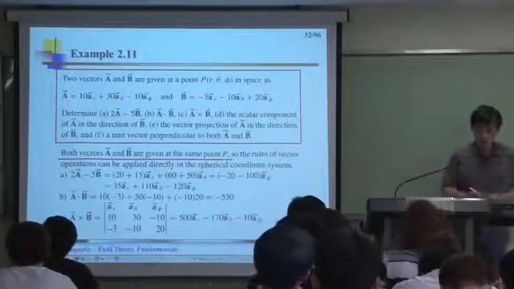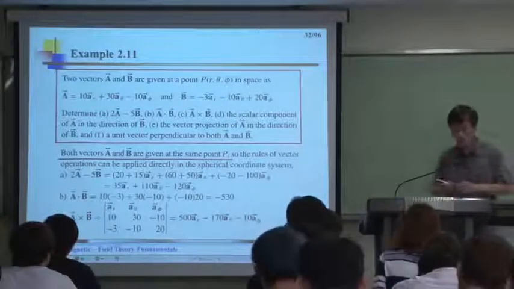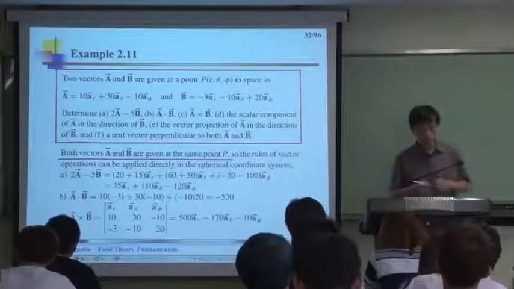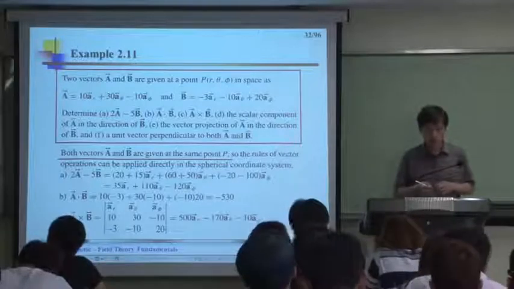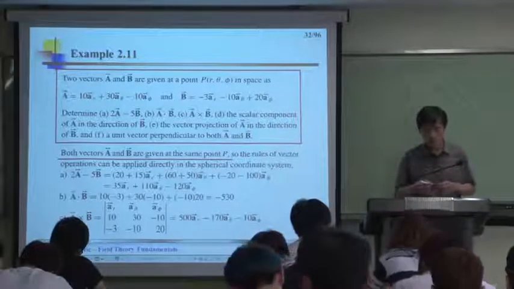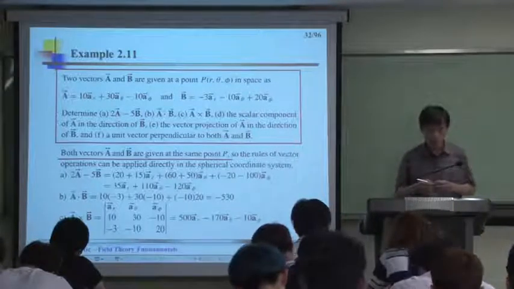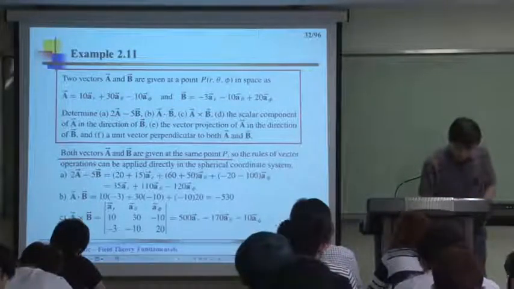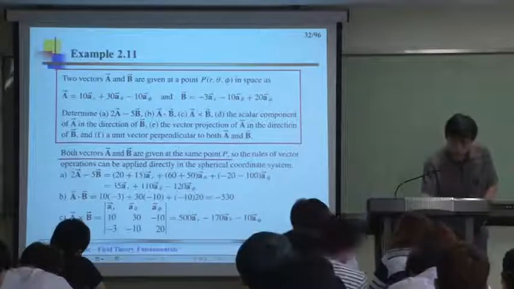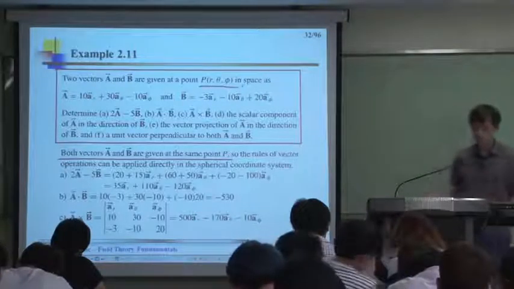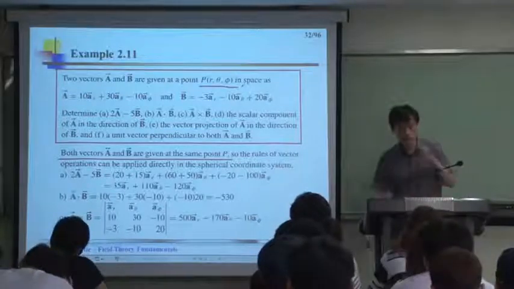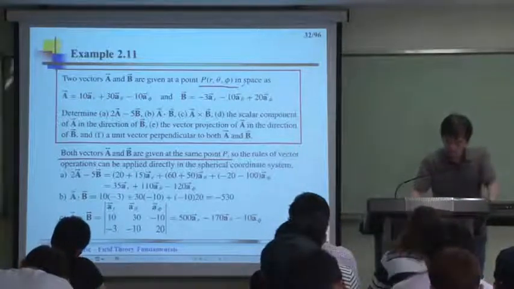Okay, so in this example, two vectors, A vector and B vector, are given at a point P. The point P is given by this R, theta, phi. It means A vector and B vector are located at the same position.